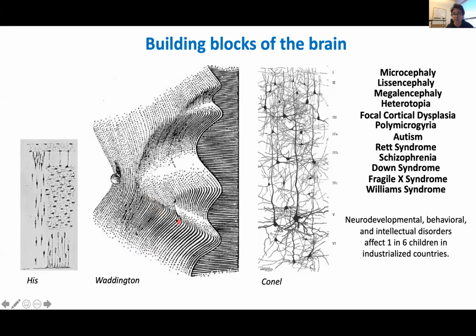Now, every now and then, this process can go wrong, and there are a number of devastating neurodevelopmental as well as neuropsychiatric disorders that together are thought to affect somewhere around 1 in 6 children in industrialized countries. And for most of these disorders, there are virtually no treatments.